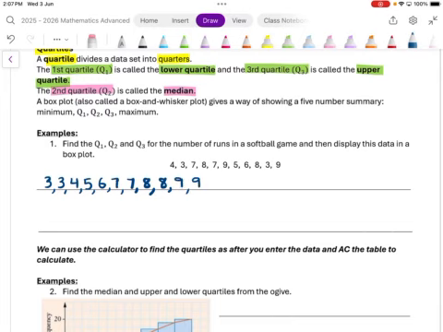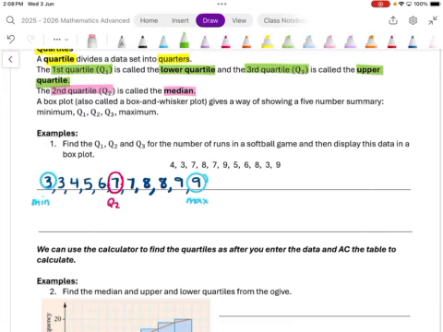We see that our minimum score is 3 and our maximum score is 9. Our Q2 is our middle score, which is our first 7. It's the middle of our set of scores, so we have 5 scores either side of it, and that's where our median is.